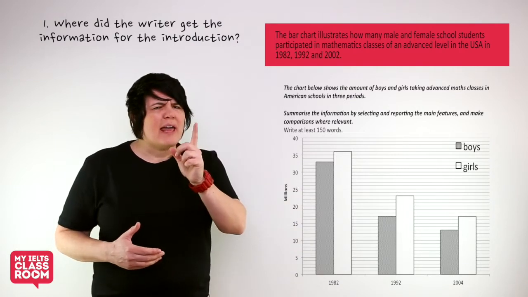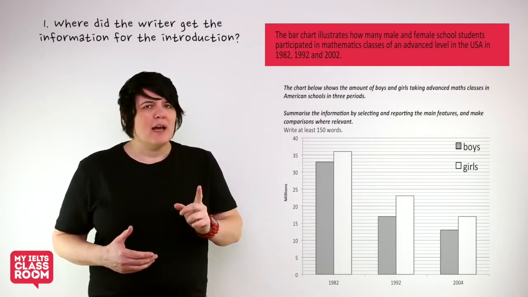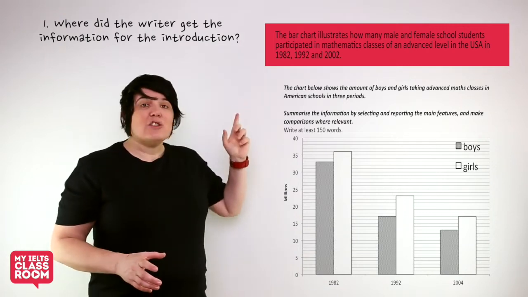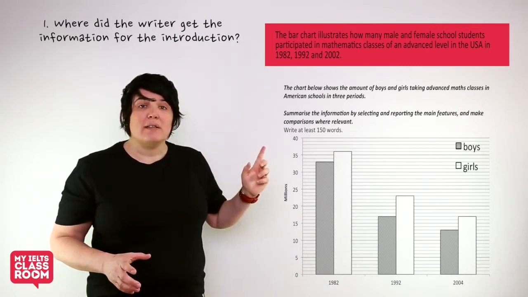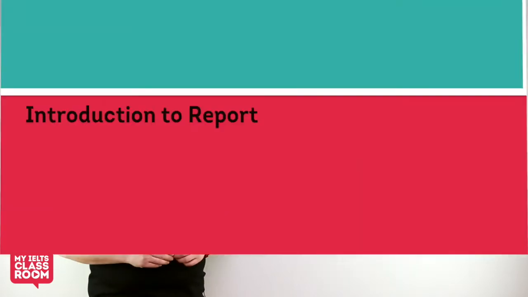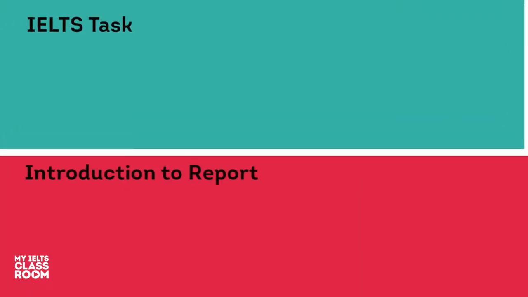However, if you look a bit more closely, you can see that actually the introduction is just a paraphrase of the task. Let's look. The task says the chart. The introduction says the bar chart.